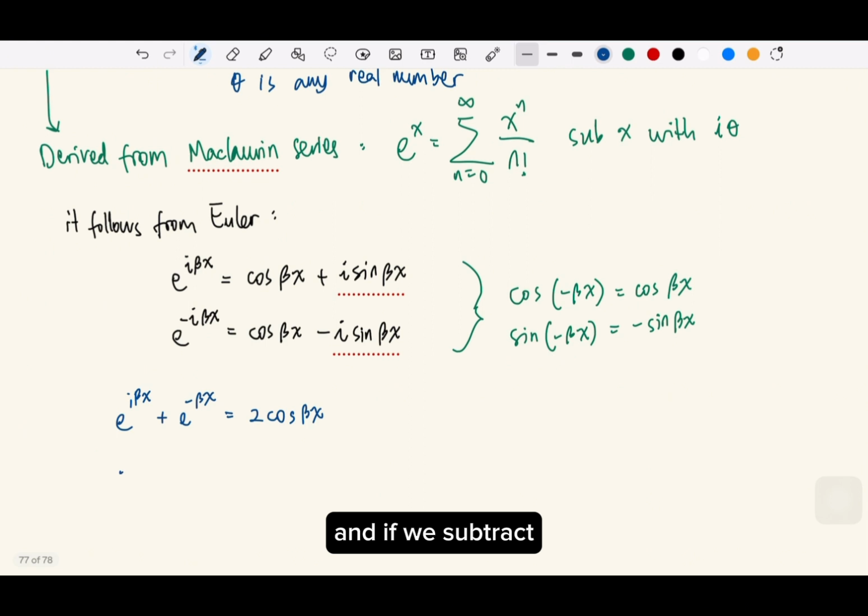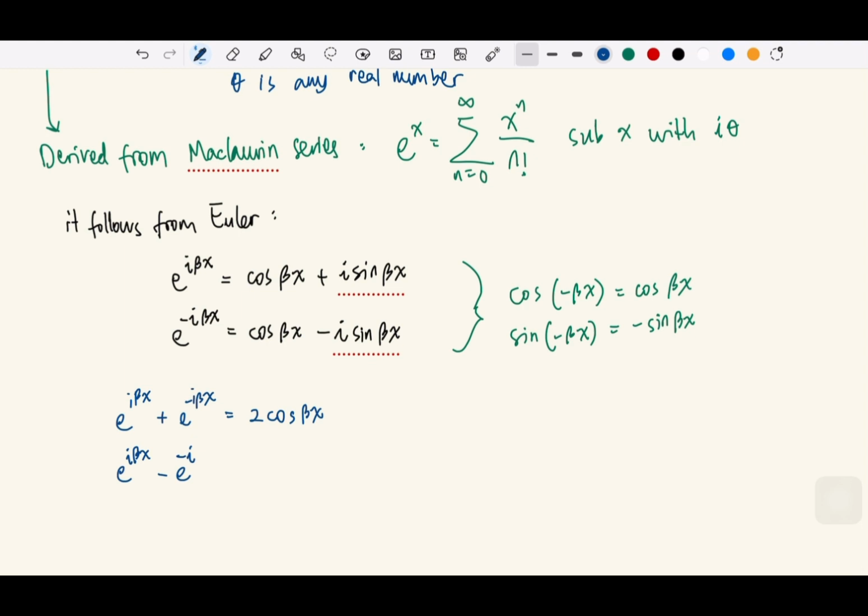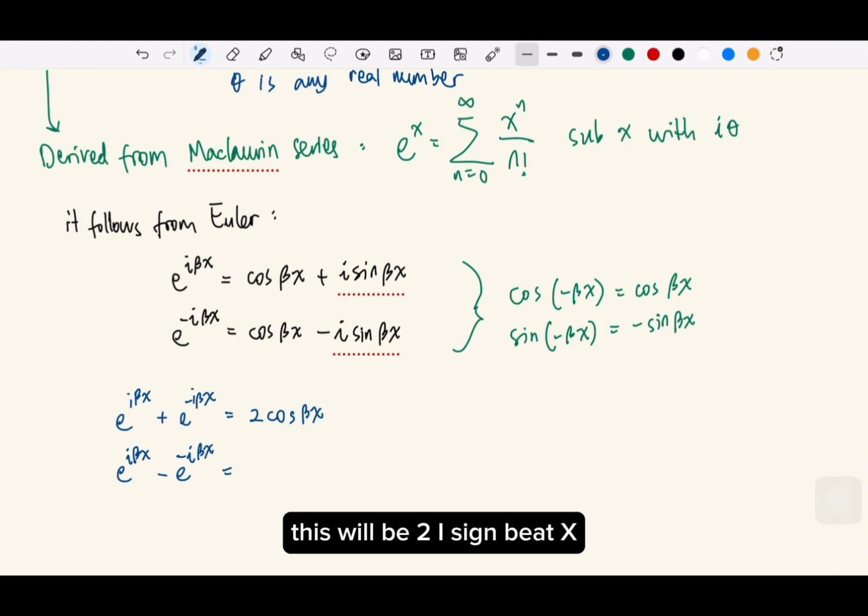And if we subtract, this will be 2i sine beta x.